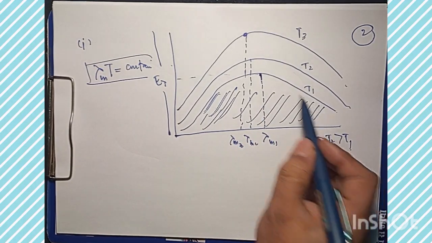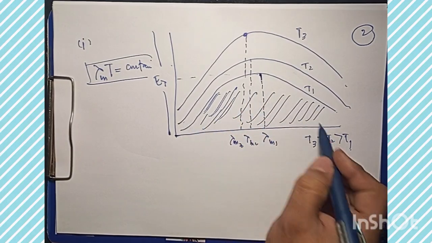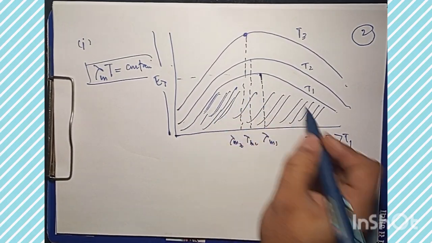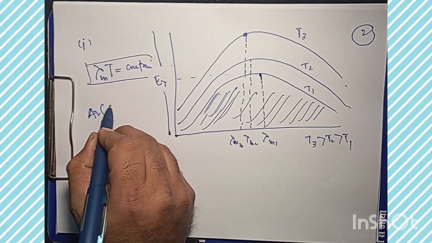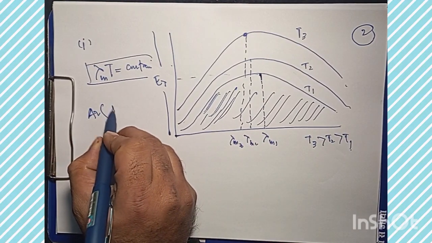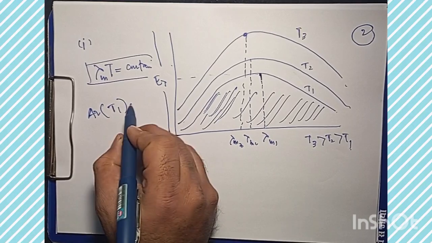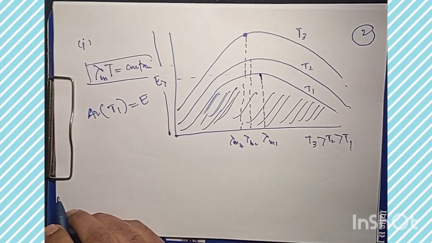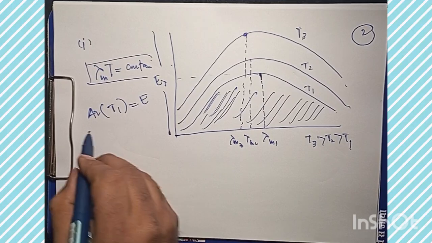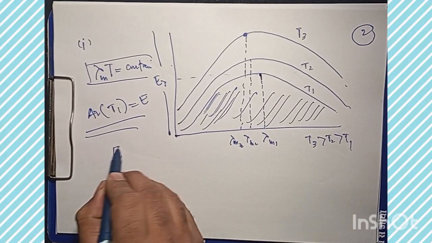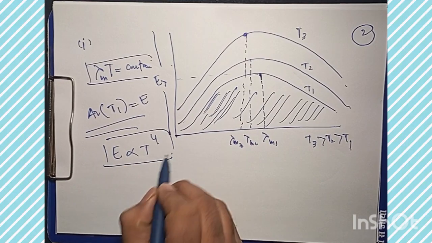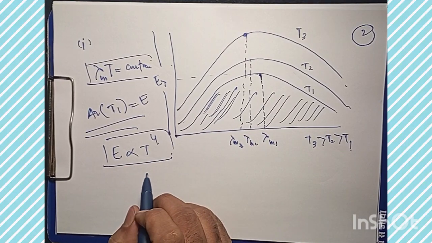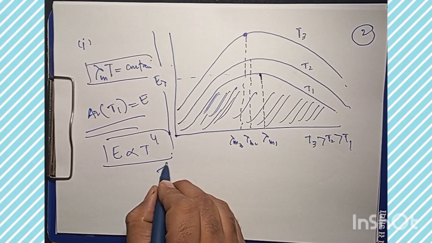So this energy, given by the area enclosed by the graph, is found to be proportional to the fourth power of temperature, and this is what is known as Stefan's law.